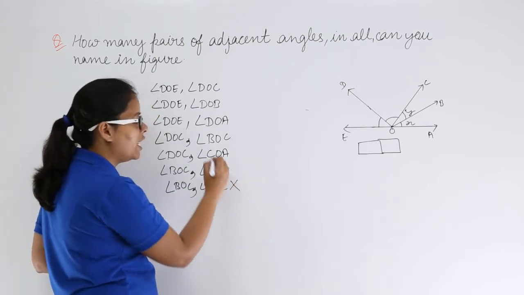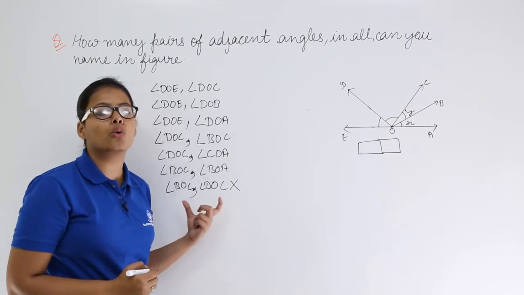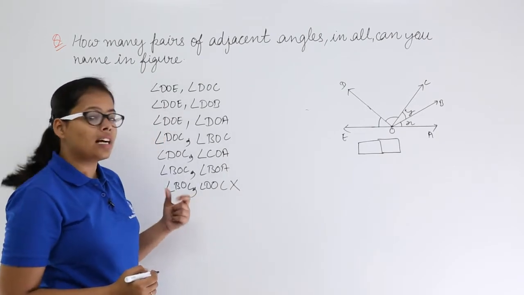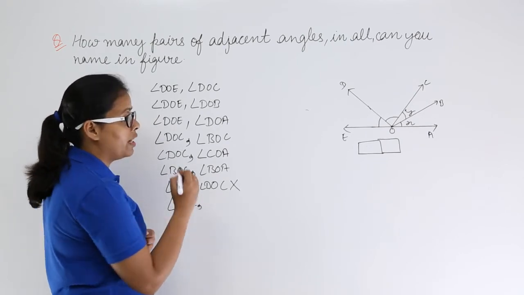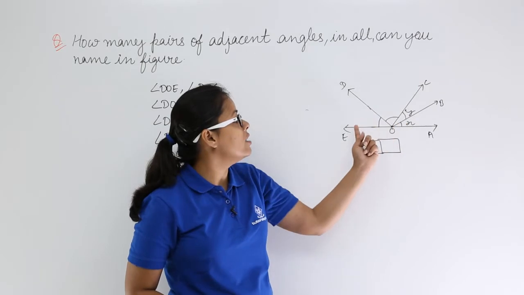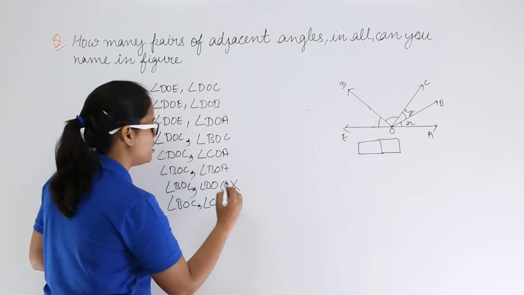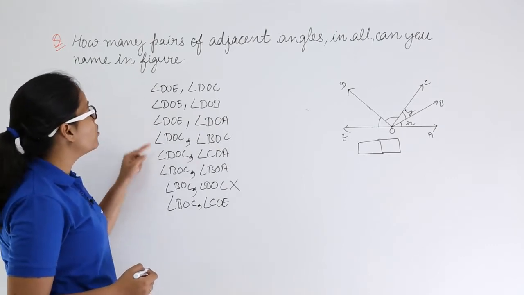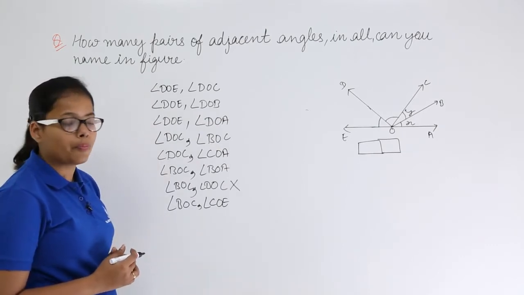So we have already included this case. That's why we are not going to count this case again. So let's see if there can be another pair of angles. Angle BOC is adjacent with angle COE. And you're not going to find any case like this in the above cases.